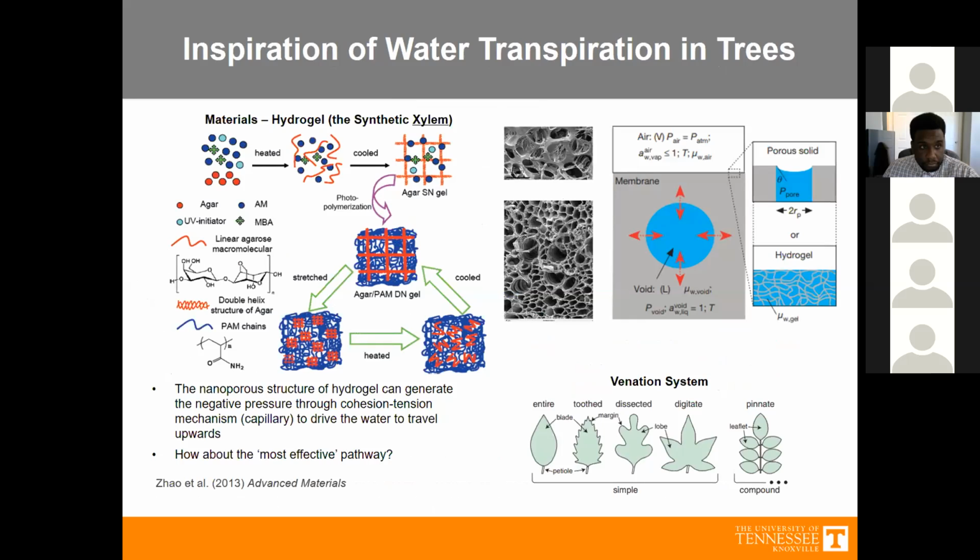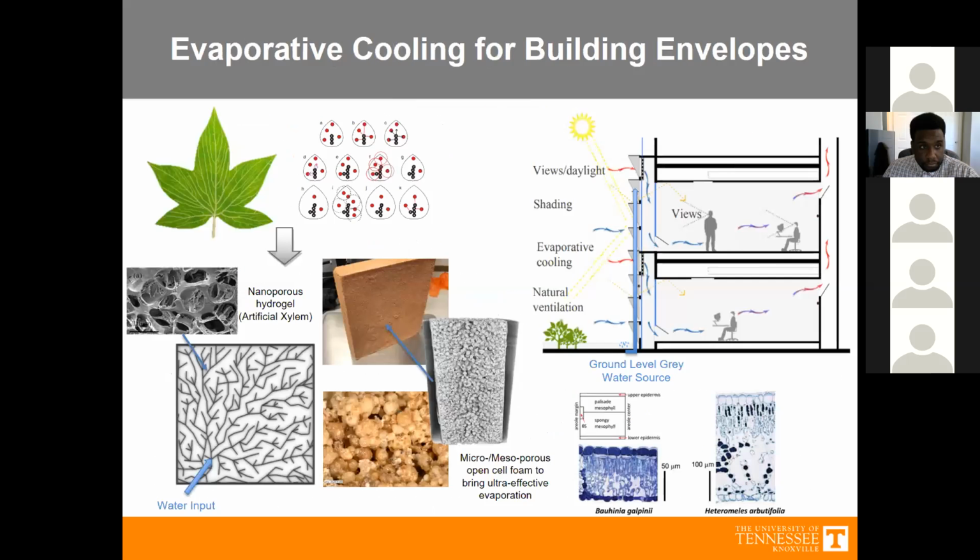One is to create an artificial xylem, a nanoporous structure, a form of hydrogel inside those venations for water transportation. The second is to design a material that mimics the structure of a tree leaf, to enable the water to uniformly saturate the material and also speed up the process of evaporation for cooling.